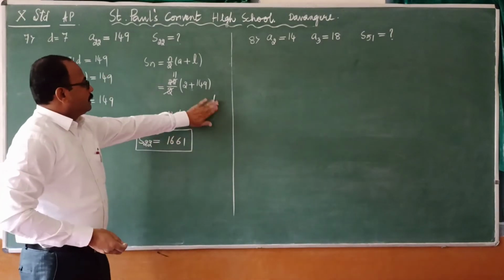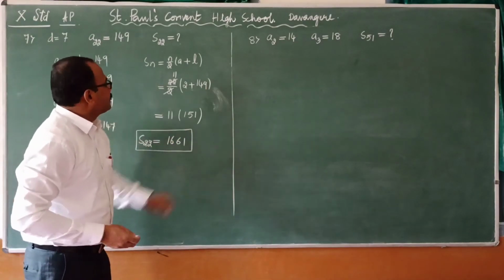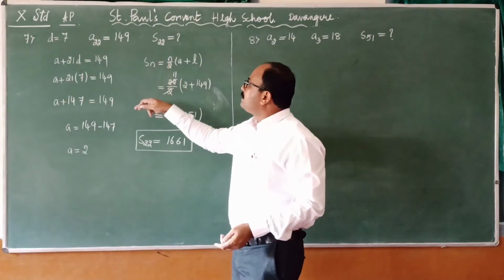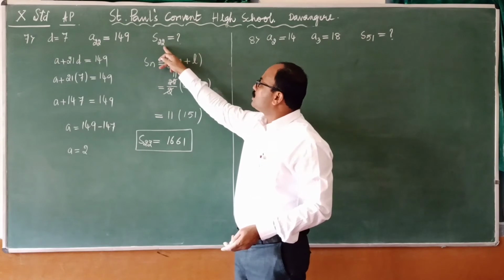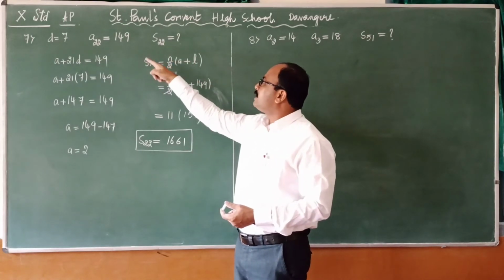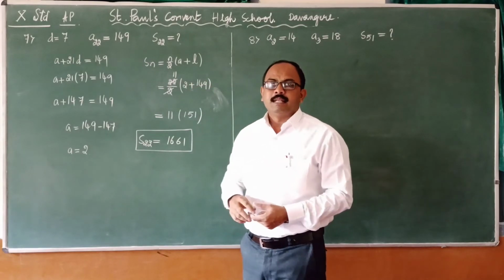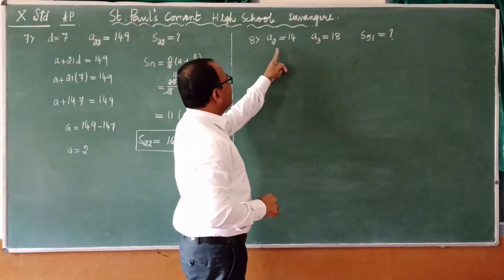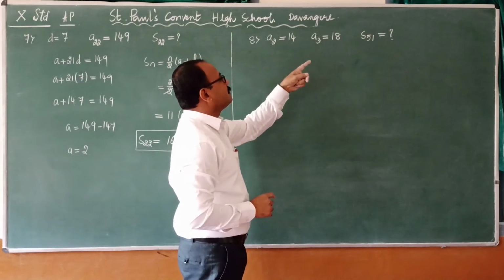See, children, the next sum: the 22nd term is given, and the sum of 22 terms is to be calculated. Since the last term is given, I have taken this formula. Let's try this formula, substituting here. The second term is 14, the third term is 18.